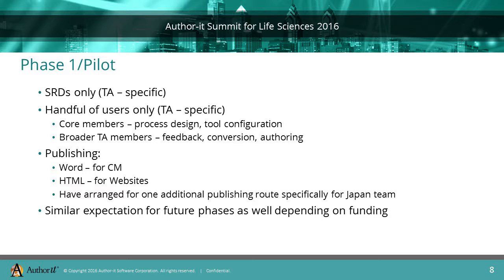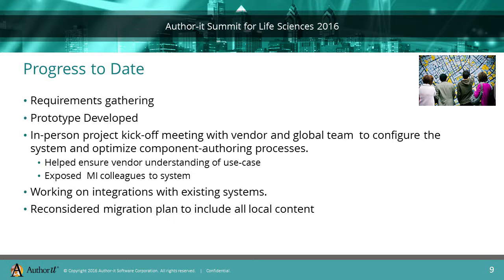From the output that we get from the users and from the system, we'll determine whether we tack on another therapeutic area or whether we just go in whole hog. So we've done the requirements gathering, the document that Tracy referred to earlier. We've had that sit down. We worked with Authorent to develop the prototype.